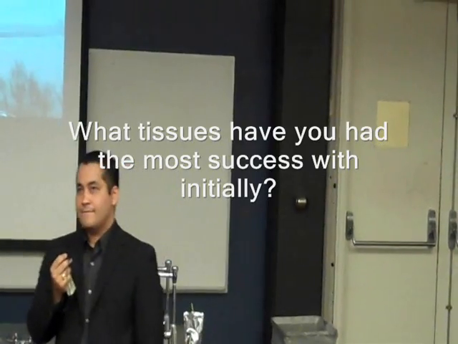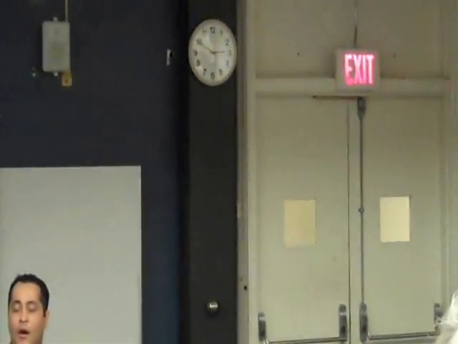Yes? What tissues do you feel are going to be most successful initially? Sure. The tissues that we think are going to be most successful initially are always the least difficult and least complex. There's very interesting work that has been done in other simple tissues besides skin, such as cartilage, because cartilage doesn't have too much blood vessel supply, so you can make pieces of gel with cells in it and then start using them.